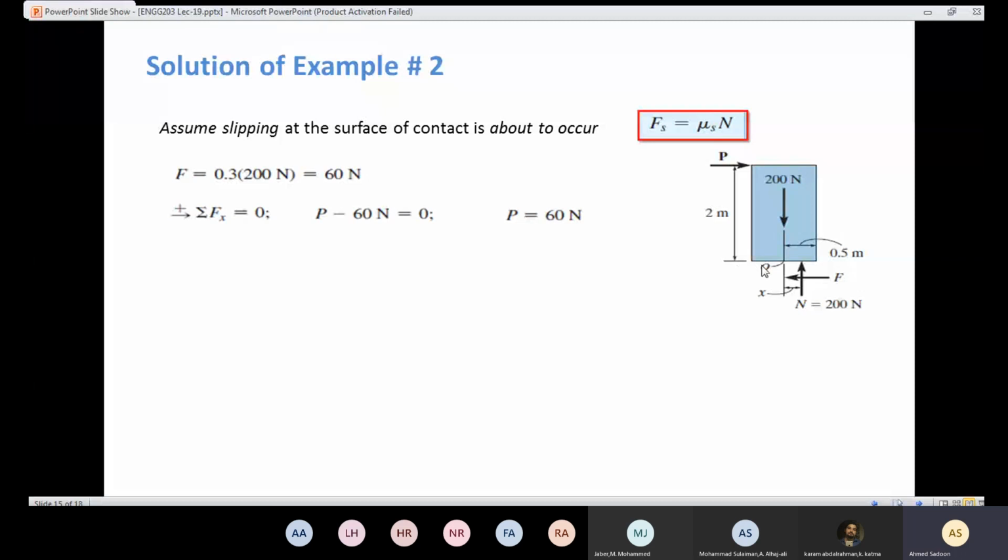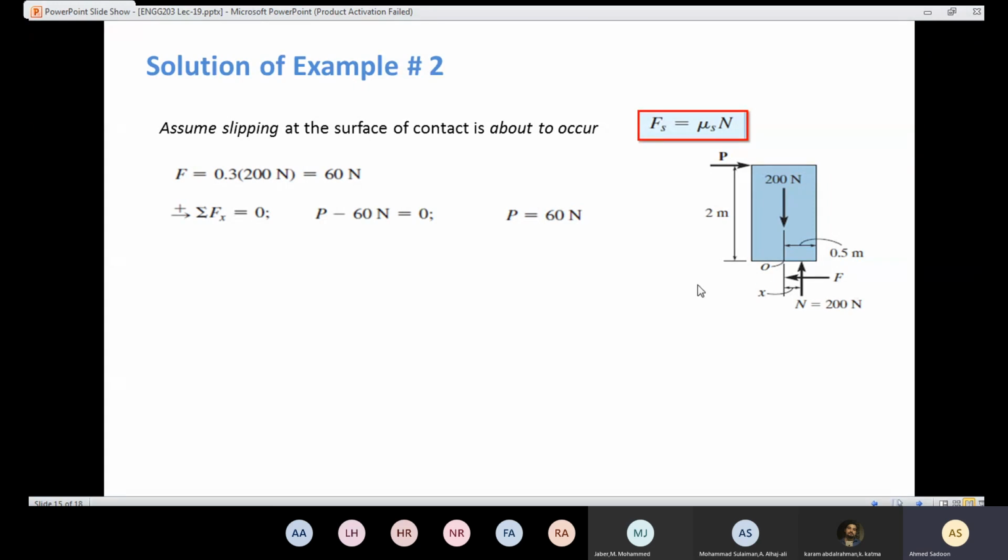Because we assume that the box is about to slide. So to make sure that we don't have any tipping, we need to determine the value of x.